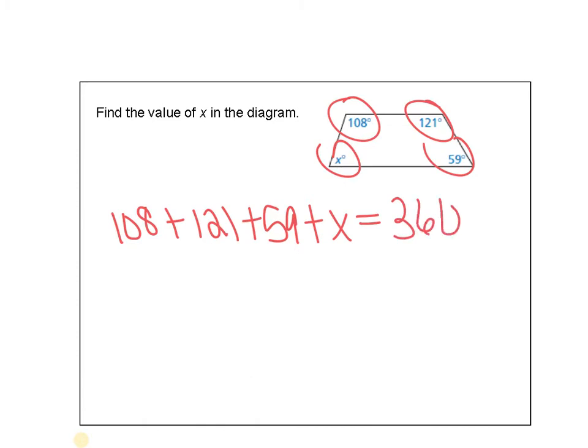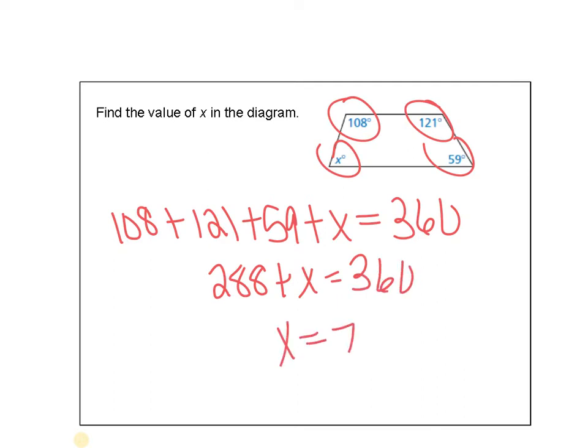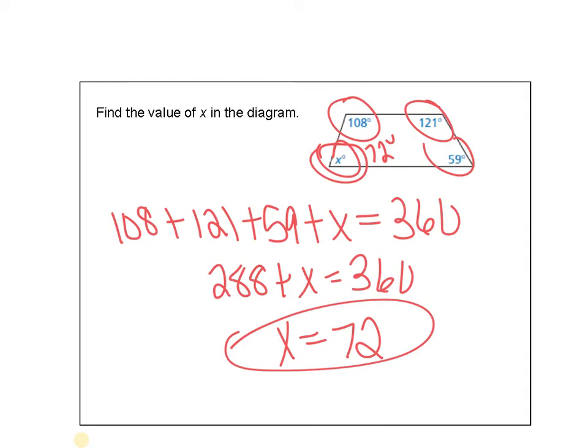So go ahead and do some algebra here. If we add our like terms together, we get 288 plus x equals 360 degrees. And if we subtract 288 from both sides, we get 72. So this angle, since it's just x, is actually 72 degrees.